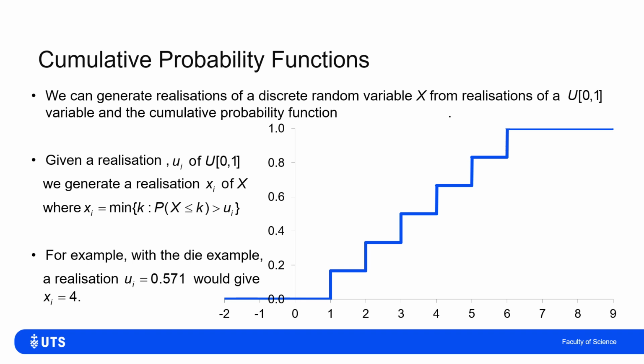So if I take this same example, which came from rolling a die, and I draw a uniform point, 0.571, then what this rule is saying, I can think of it as pick a point on the vertical axis, look across horizontally, and then read down where that horizontal line would strike. So here, that would be that x_i is 4.